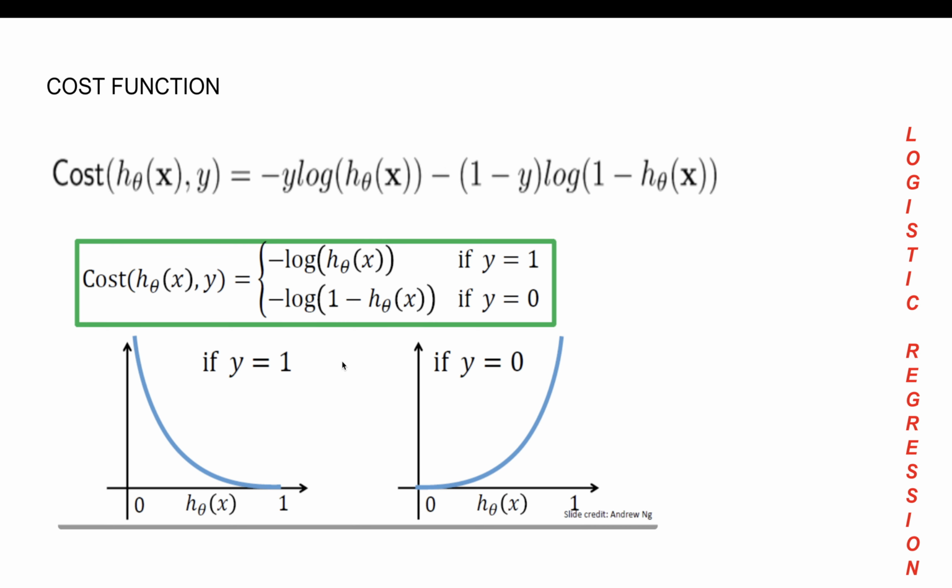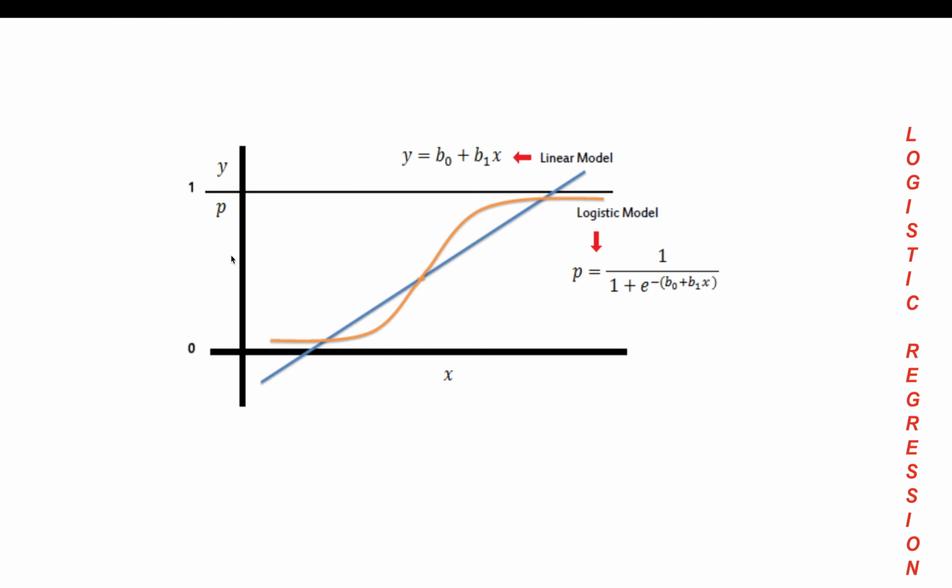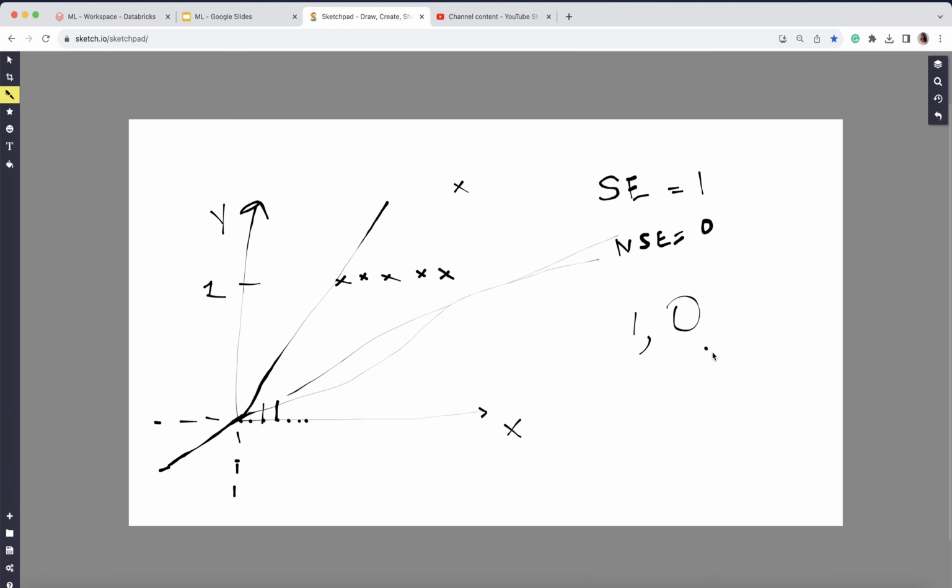And now moving ahead, in linear regression, we discussed the cost function. Let's say this is your linear regression. Here, let's say these are the output values, the actual values.